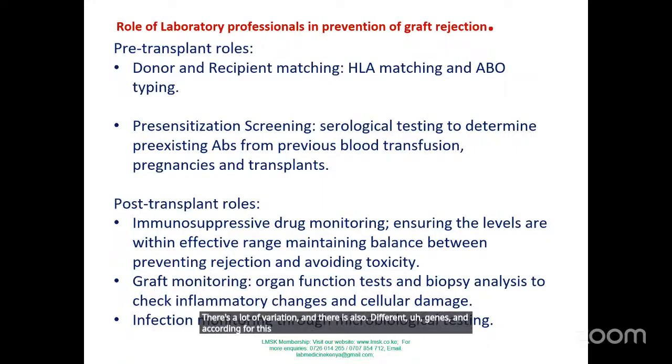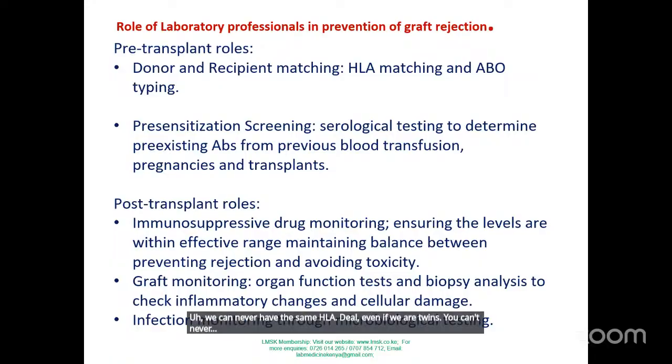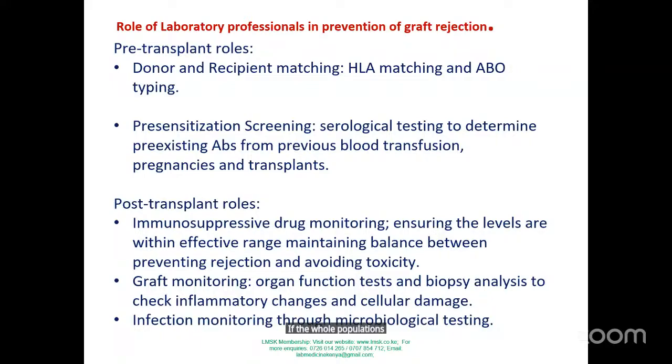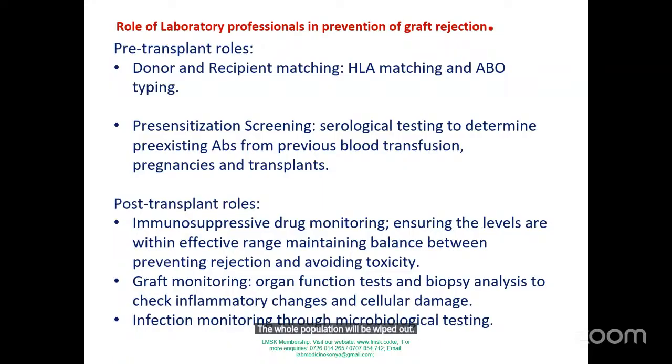That's why we can never have the same HLA genes, even if we are twins. You can never have a 100% match. Think of it: assume the whole population had HLA-A, for example, and then an infection targets HLA-A, the whole population would be wiped out by this particular infection.